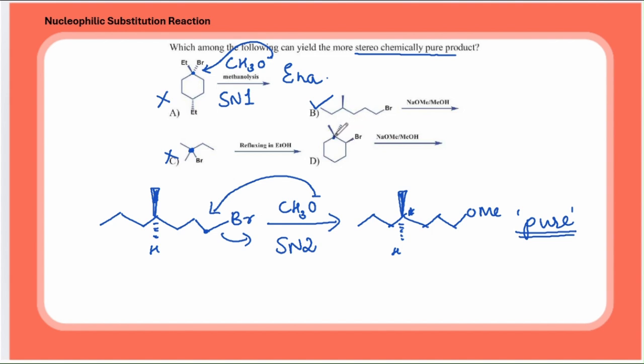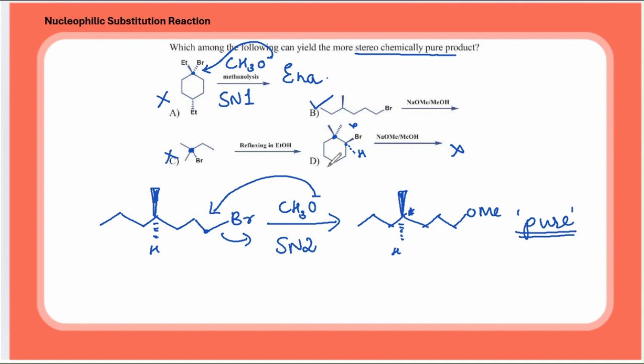Yeah, this looks like a chiral carbon, but both of them are attached to methyl, so not possible. However, this carbon is chiral because it is attached to 4 different groups. But because this carbon is secondary, we might end up with major and minor products or maybe enantiomers. Therefore, this is also not the right option.